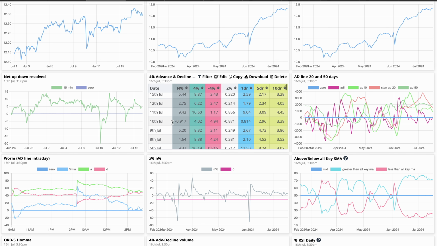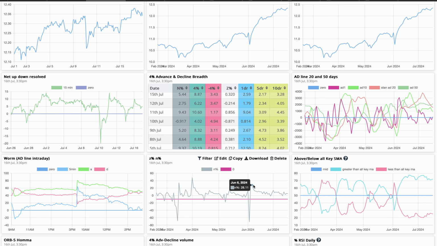If you see, I've just plotted it here. After the 4th July June debacle, we had huge buying, and on 5th we had a net percentage of 30, and 30 is really huge. We haven't had that kind of number in some time, right?